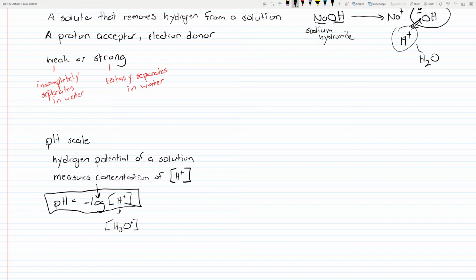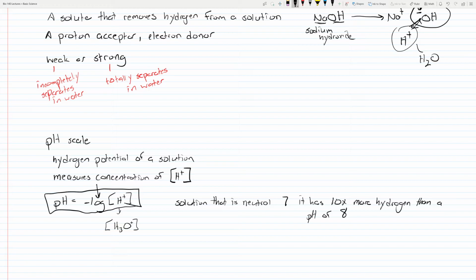So what this means is if I have a solution that is neutral, 7 is neutral, it has 10 times more hydrogen than a pH of 8.